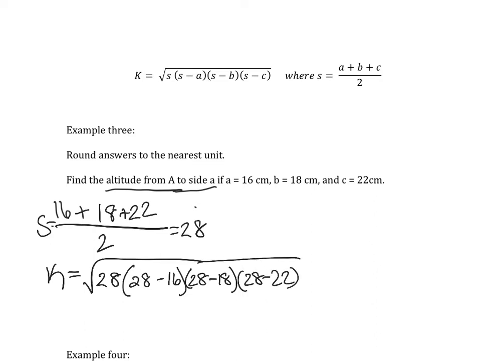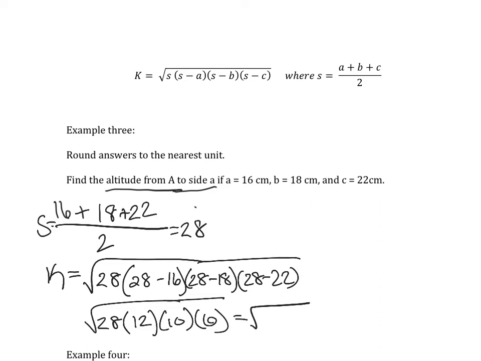Let me clean all this up. 28 minus 16 is 12. Then 28 minus 18 is 10. And then 28 minus 22 is going to give us 6. I'm going to multiply all those numbers inside so you can follow along.